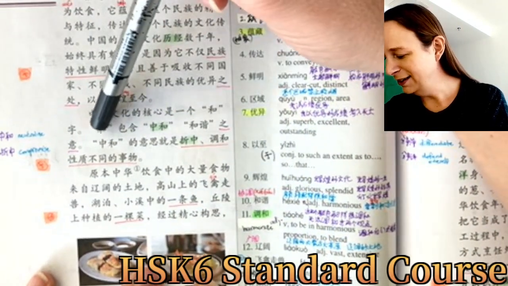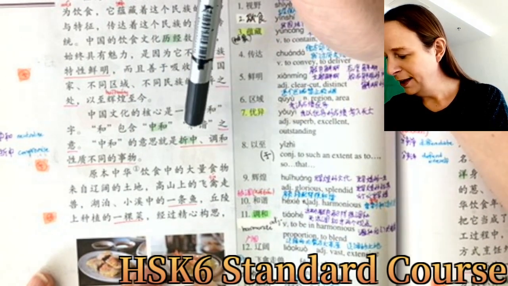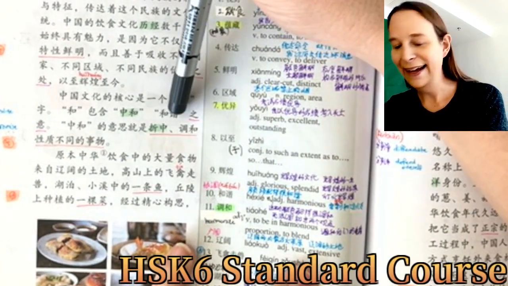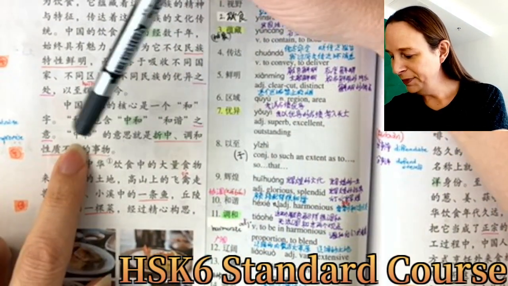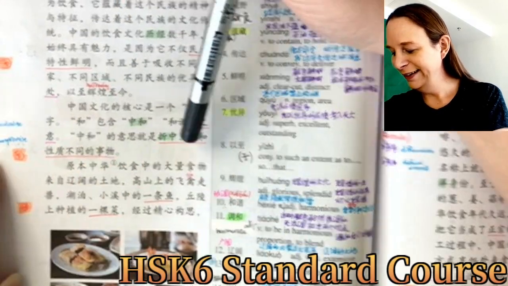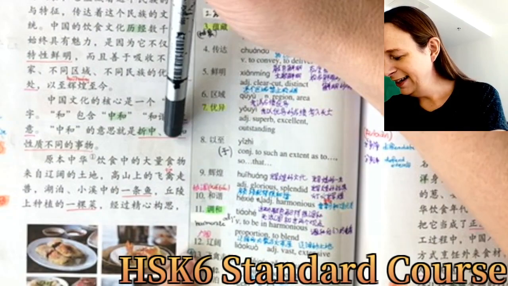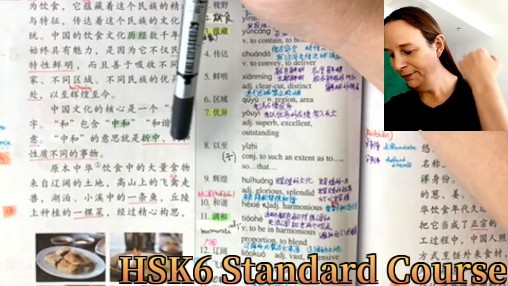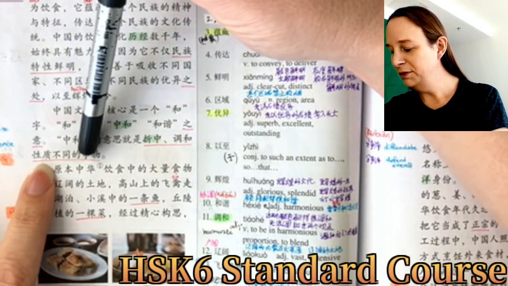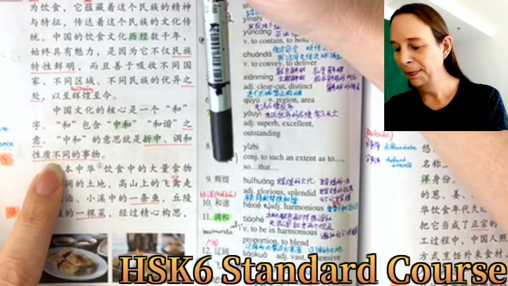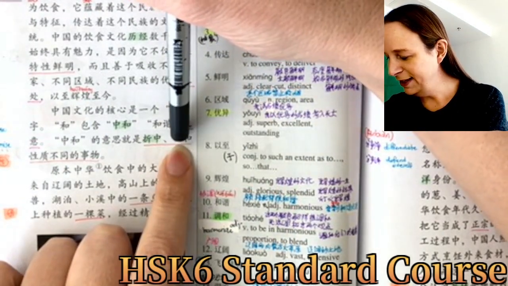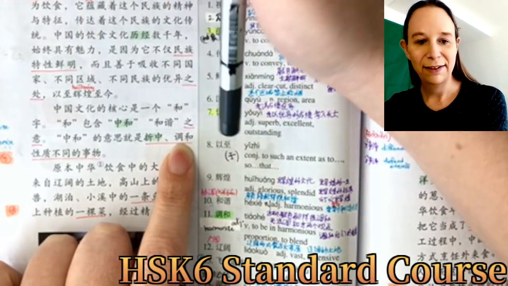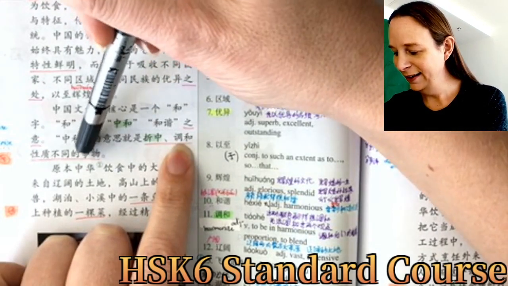Let's figure out. 和包含中和 neutralize 对吗？和谐之意。中和的意思就是折中 compromise。调和性质不同的事物 coordinate。So this is functioning as a verb 调和事物, like coordinate, harmonize things.